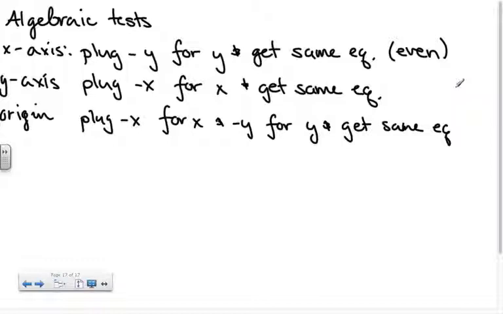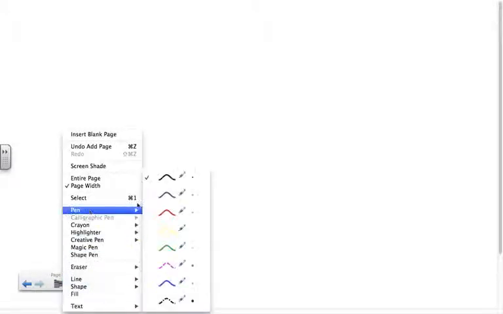So let's do another example of symmetry. So example 2.